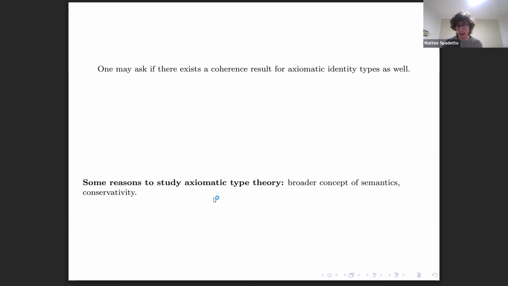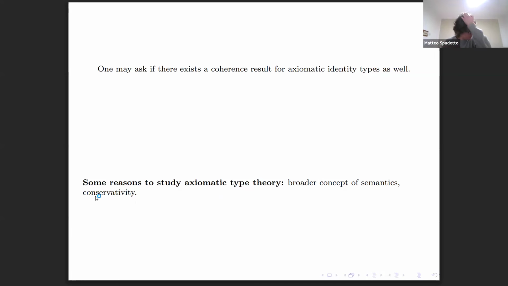So in general, the axiomatic version of the extensional identity types would have more models than the intensional identity types. So in principle, it would be easier to produce models. You would have more models. In order to build a model starting from the mathematical nature, starting from the categorical nature, you would need to make fewer things to be satisfied.